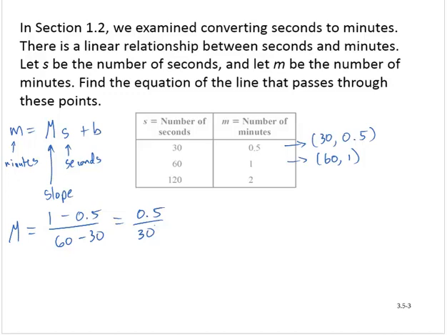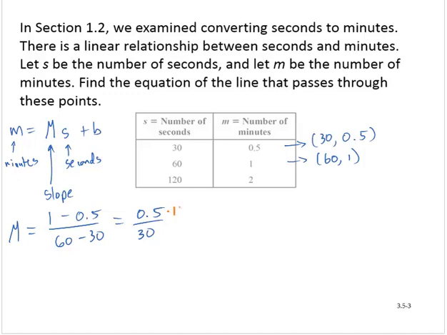Now, we don't really like this form of the fraction because it has a decimal within a fraction. One way to clear a fraction of decimals is to multiply through numerator and denominator by some power of 10 that will clear the decimals. Since I see a 0.5 in the numerator, I only need to move the decimal one place.